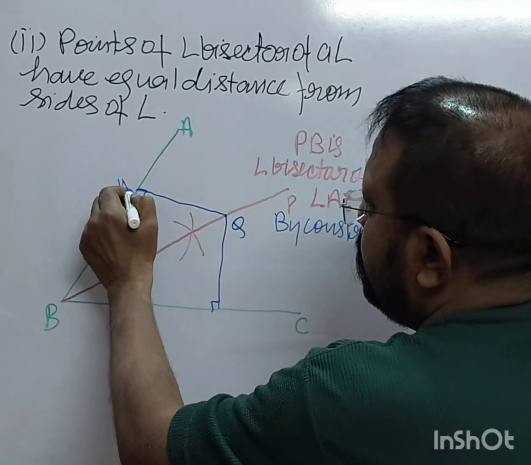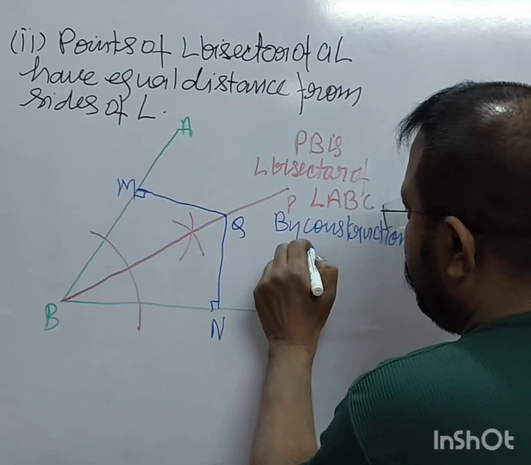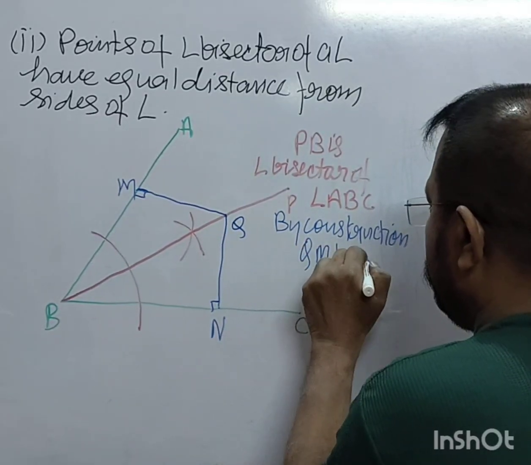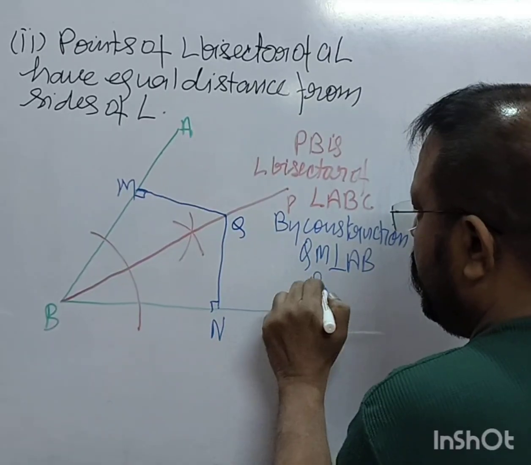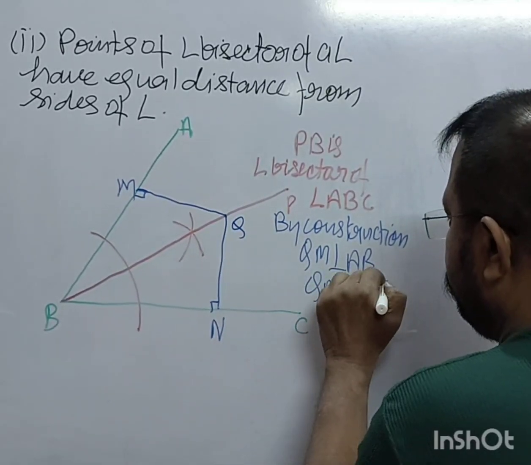This is M, this is N. So QM is perpendicular on AB and QN is perpendicular on BC.